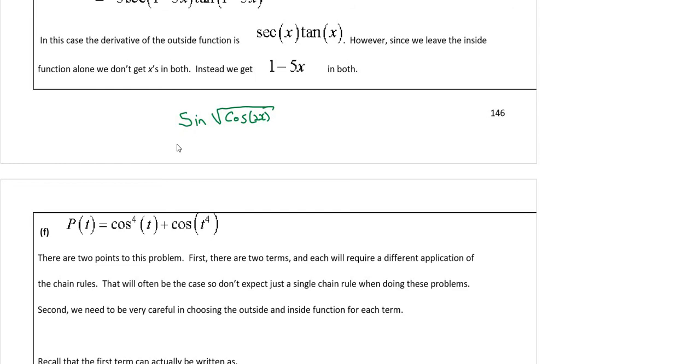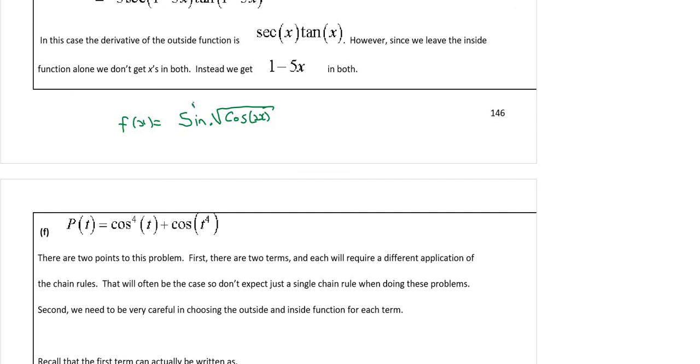If we talk about this function, we say it is the sine of the square root of the cos of 2x. You see how many functions you have there now? You've got sine.